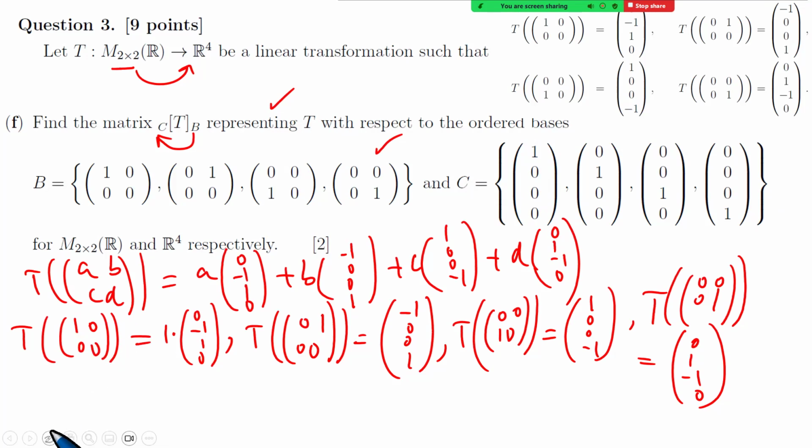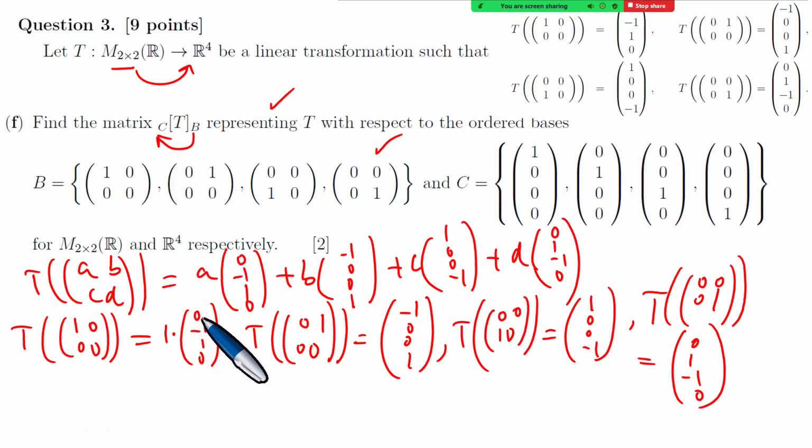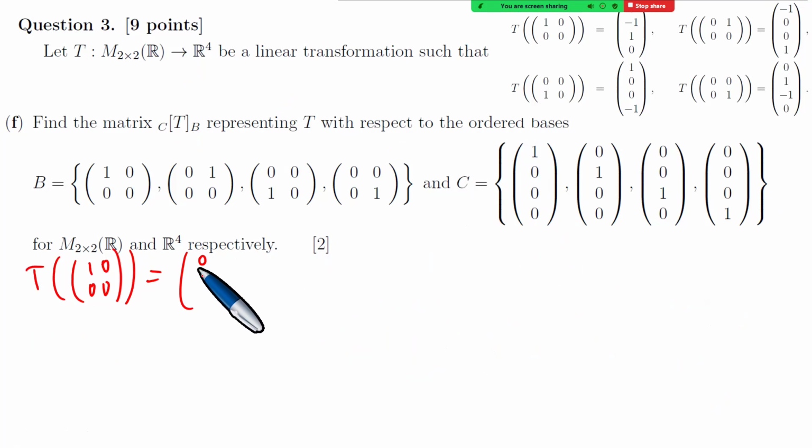So you have 1, 0, 0, 0, like this. Now we write it like this: 0, -1, 1, 0. We're dealing with just the first one, this one. Its image is this, and we can see the image is that. Now we must write it as a linear combination of this.